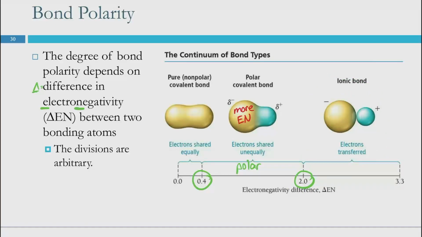Other question? If we get a difference of like 0.4, which is on the border between covalent and polar covalent, what would it be considered as? Yeah, if it's at 0.4, then I would say it depends on what we're trying to do with it. If we're trying to say, is it an ionic, or is it a polar bond or a non-polar bond, I would probably lean towards it being non-polar.